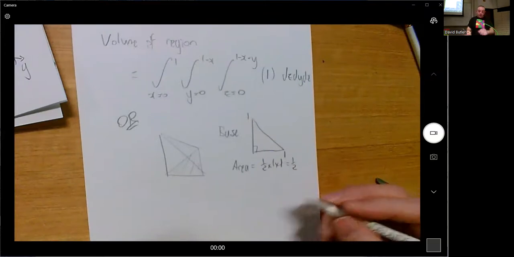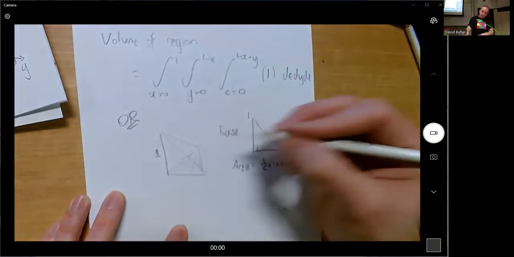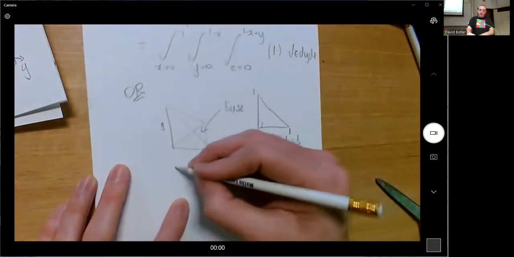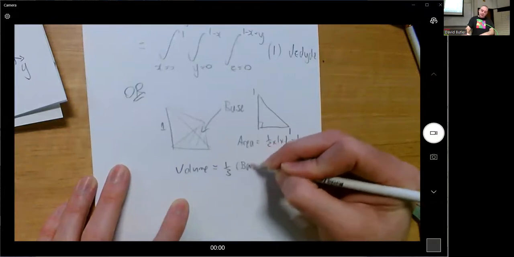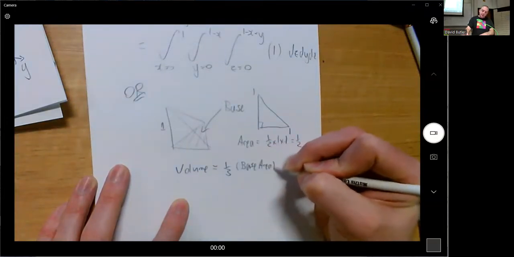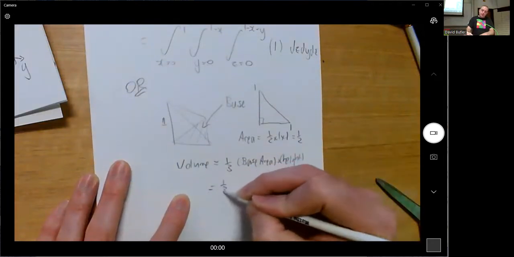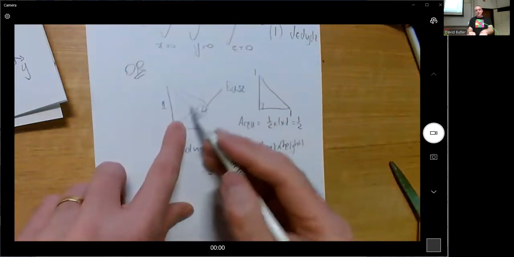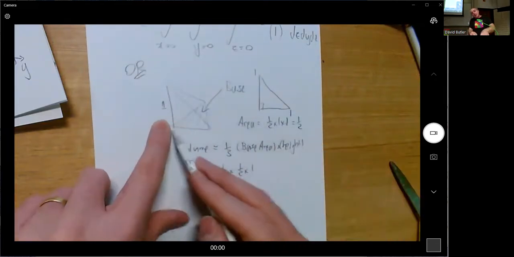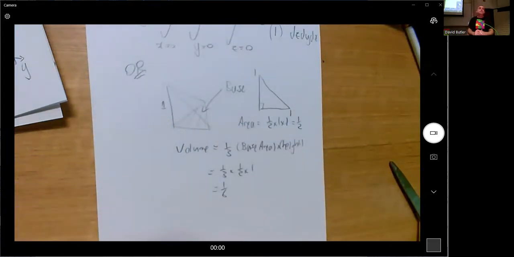And the volume of a pyramid is a third times the base area times the height, which is 1/3 times a half times 1. The base area was a half, we just figured that out, and the height of the pyramid is 1. And so that is 1/6. That is the volume of this pyramid.